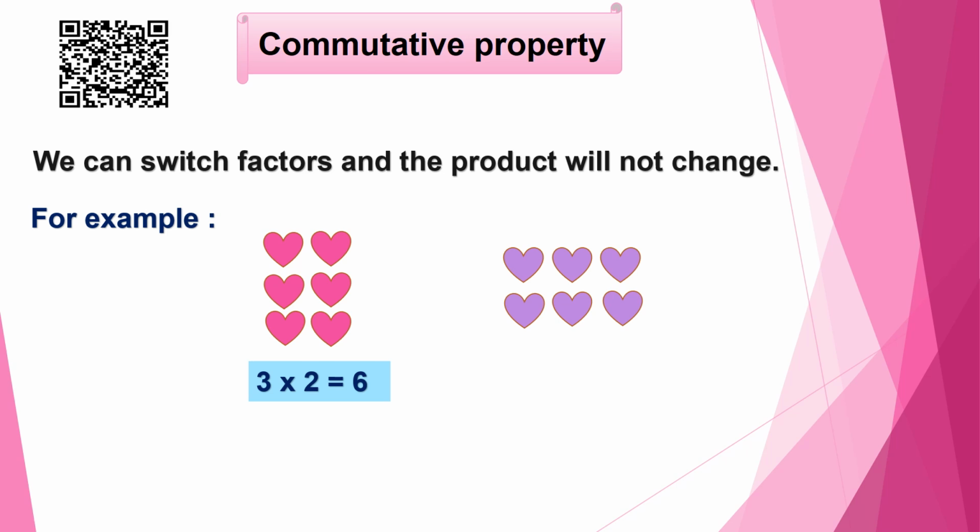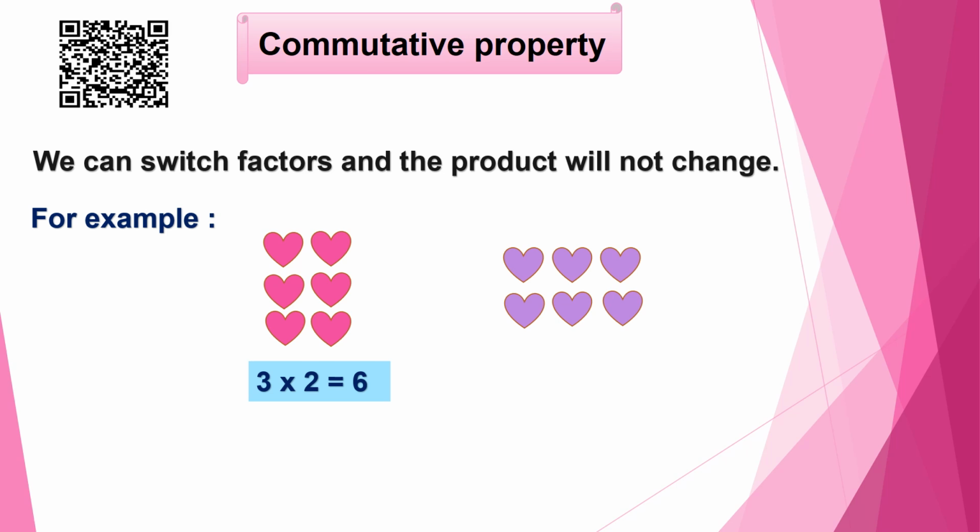And remember, when we give any array a name, we can say 3 by 2. But here in multiplication, to find the total, I can say 3 times 2 equals 6.